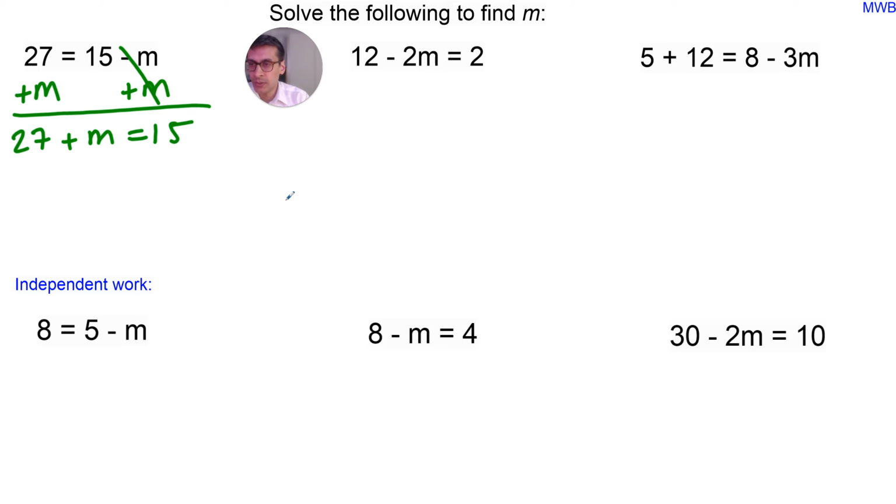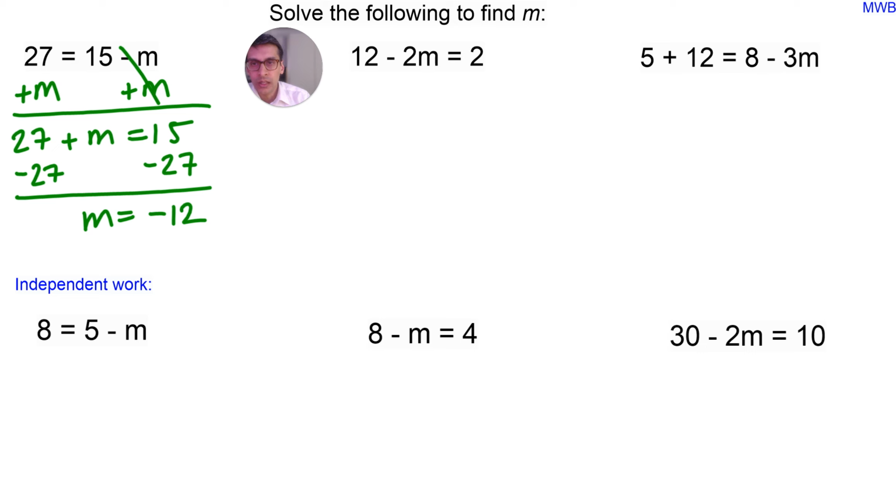Because that would have cancelled out. So then we're going to take away 27 from both sides. So m is equal to 15 minus 27. That's going to give you negative 12.